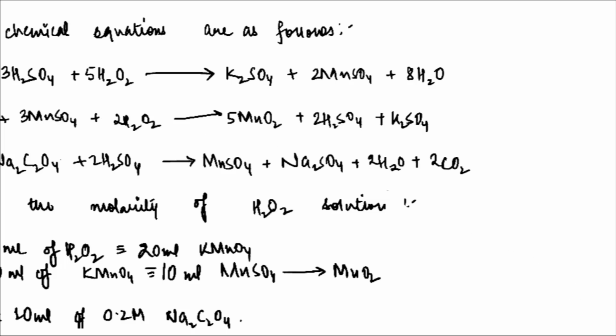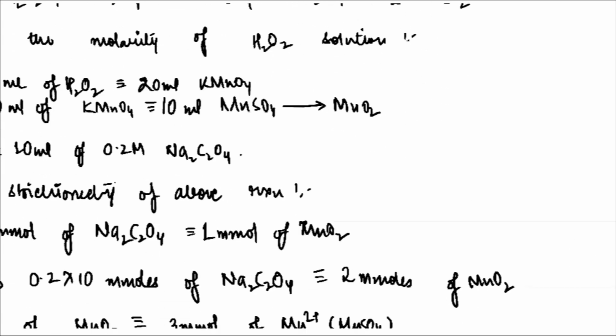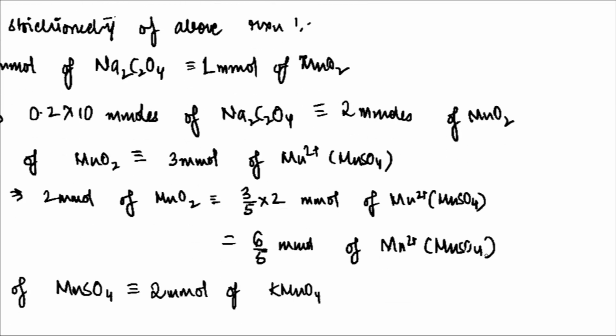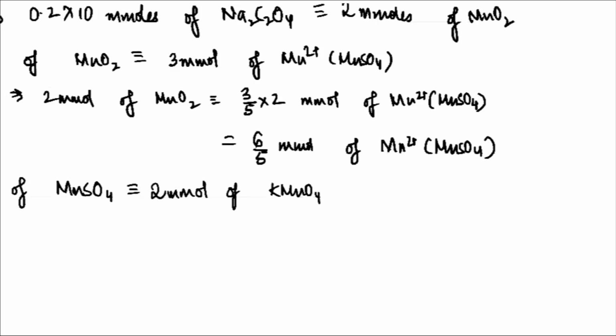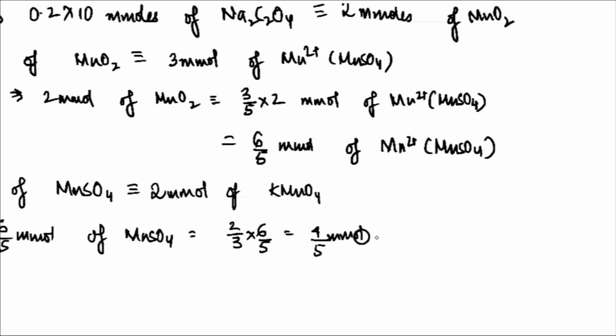So, 3 millimoles of MnSO4 is equal to 2 millimoles of KMnO4. Which implies that 6 by 5 millimoles of MnSO4 is equal to 2 by 3 into 6 by 5, which is 4 by 5 millimoles of KMnO4.